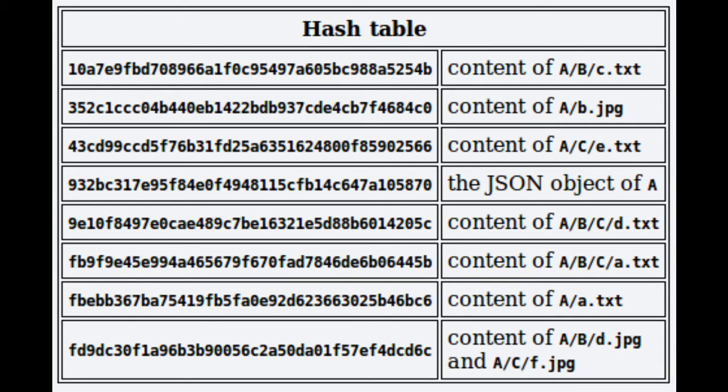We now turn around this table and make the hex40 values the arguments or addresses referring to either file content or JSON objects. This gives us the following hash table. Note that there is one hex40 value, FD9D, that points to 2 identical file contents, that of DJPEG and FJPEG.